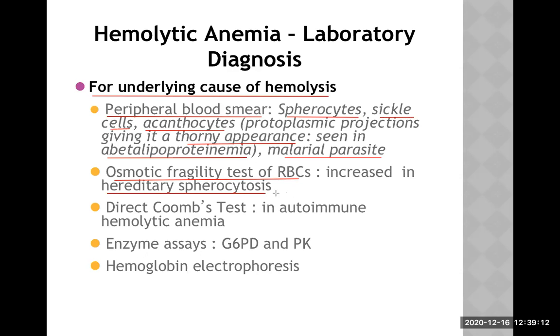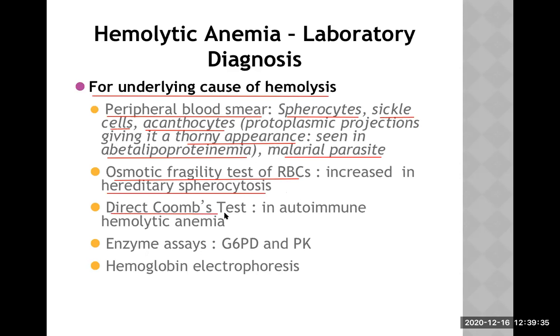And in this situation, we just dilute the normal saline, or we can put those RBC in 0.45% normal saline, means half diluted normal saline. And these RBCs are ruptured far, far earlier than the normal RBC. This is known as osmotic fragility test.